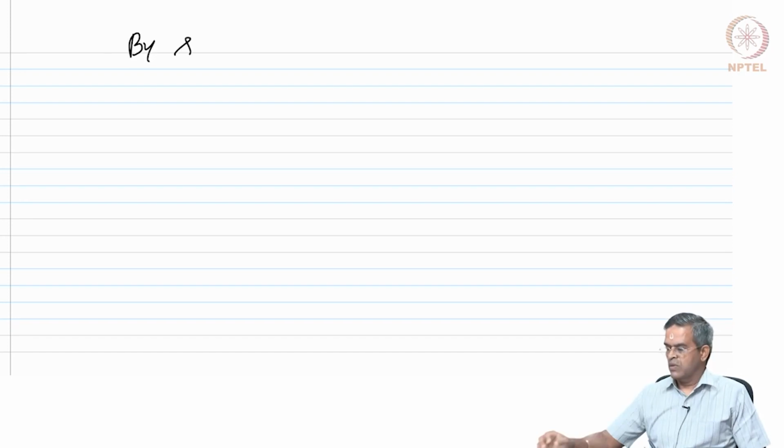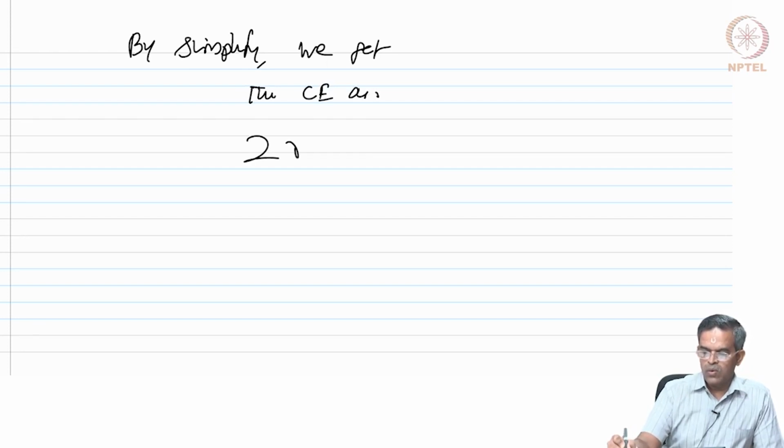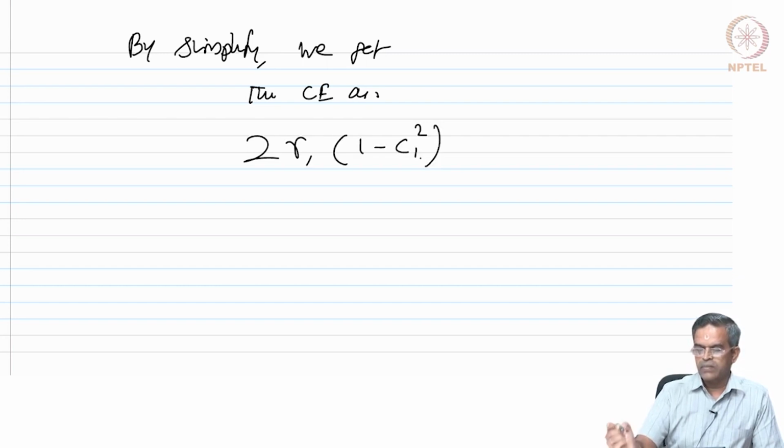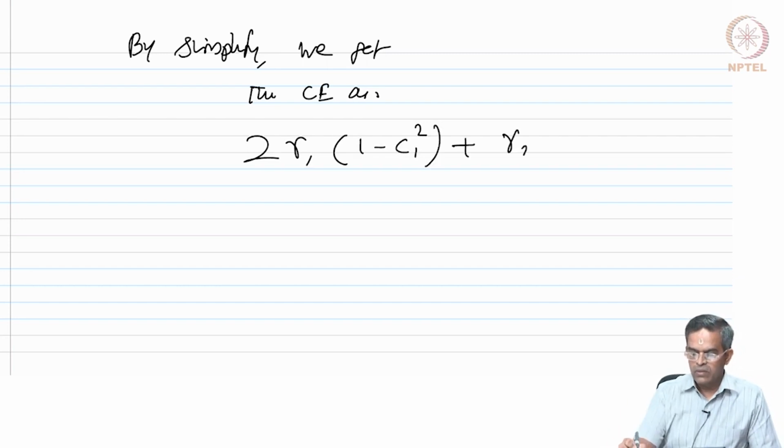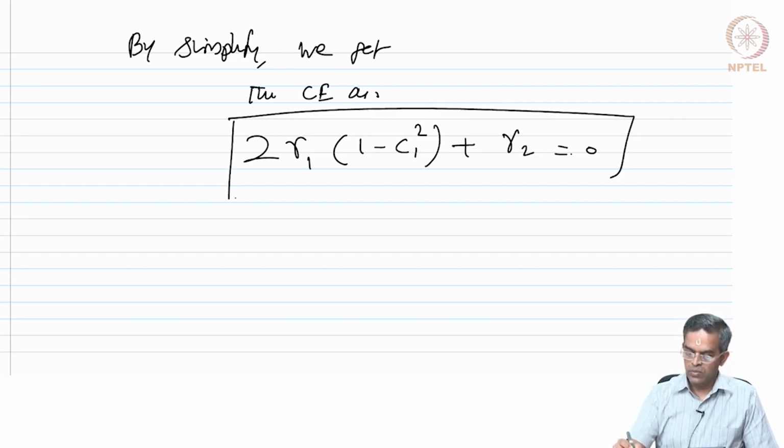Set it to 0. When I set this to 0 and expand and simplify, we get the characteristic equation as 2R1 of (1 minus C1 square) plus R2 is 0.